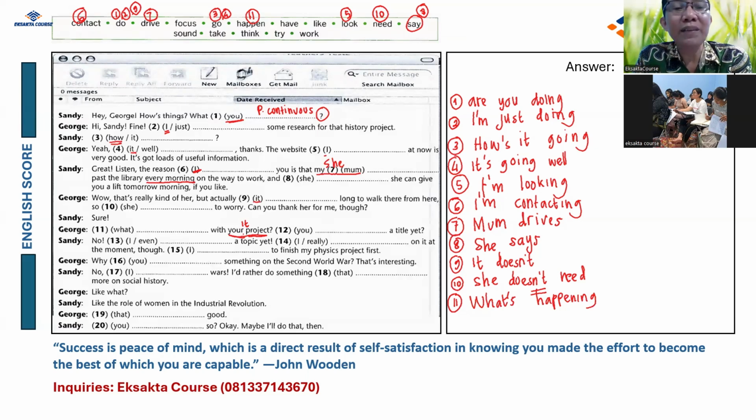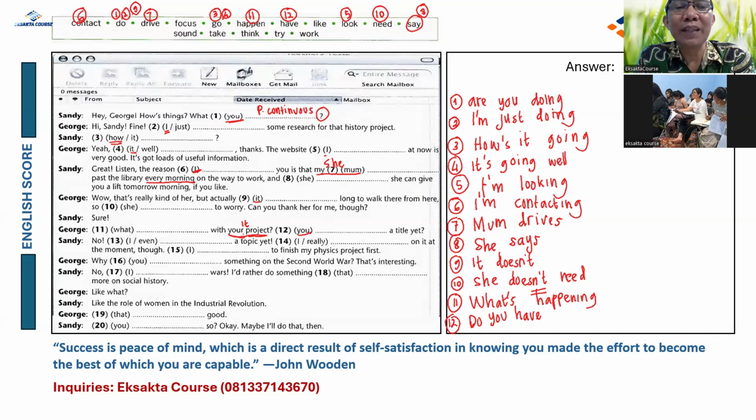Okay, it is the question. Do you have? Look at the suitable word in the box to complete. Number 12 is have. Okay, for the question, if we use a verb in simple present, so do. Because I, you, we, they, for the question, use do.